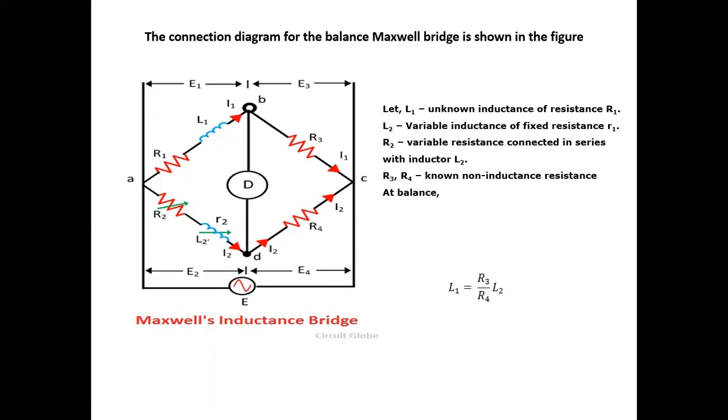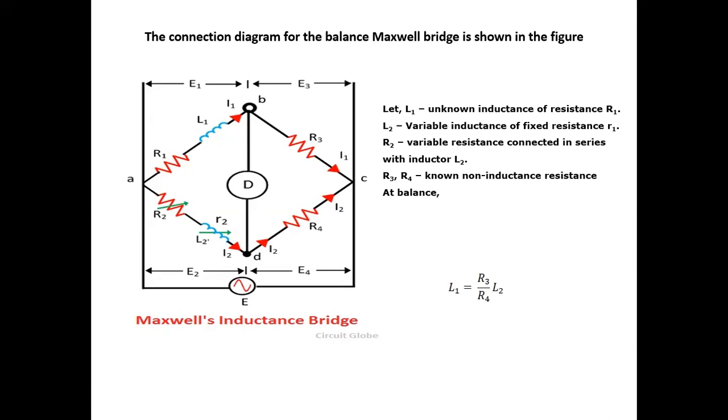In the second arm, a known variable resistance R2 and variable inductance L2, having internal resistance r2, is connected. In arm 3, the resistance R3 is connected, and in arm 4, the resistance R4 is connected.